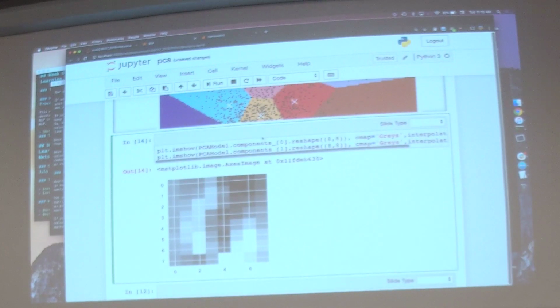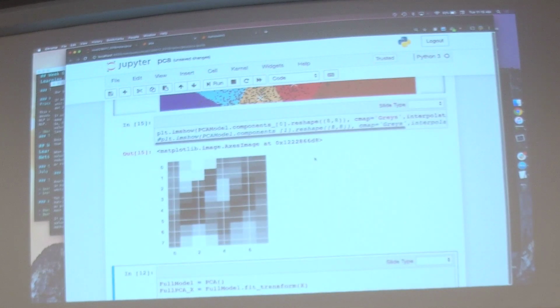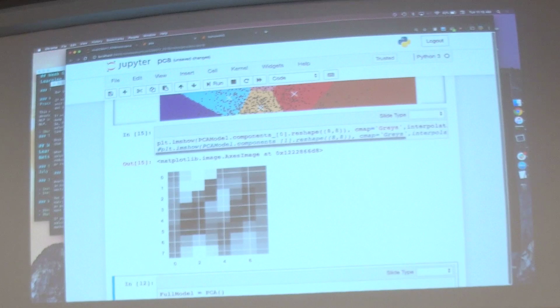Okay, so these are the two, so this is the first dimension, right? It's like a mix of, I don't know, maybe the stroke of the 7 and maybe some 4 and some 9 stuff mixed in there, right?